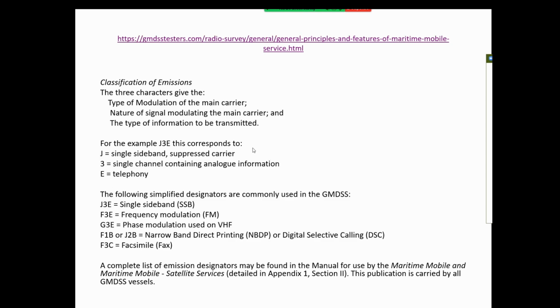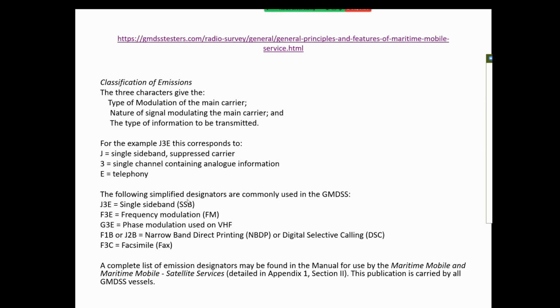They don't really test us on the middle one. The E indicates telephony, which is going to be basically everything you can hear over a telephone. Traditionally, it's going to be music and voice, regular conversations.